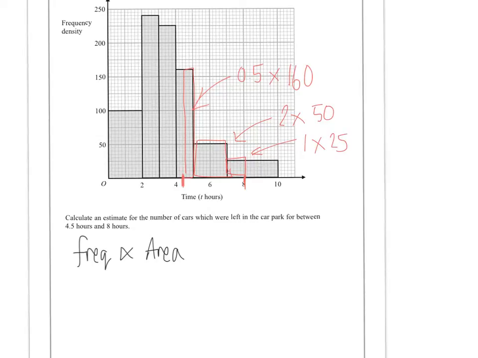So I've got 0.5 times 160, which is 80, 2 times 50, which is 100, and 1 times 25, which is 25. The sum of those, which gives me 205, is an estimate for the number of cars that were parked for between 4.5 hours and 8 hours.